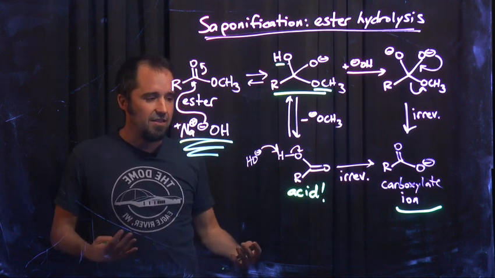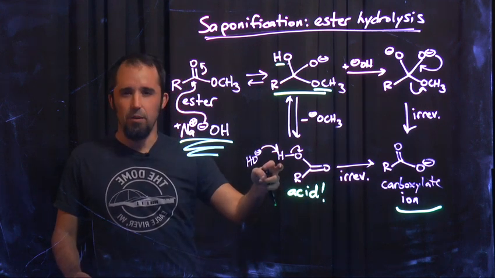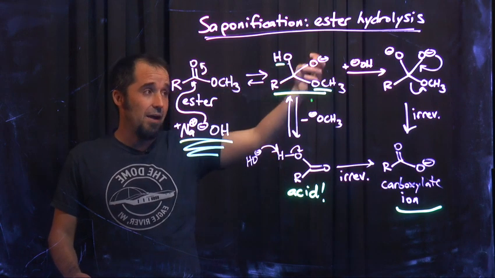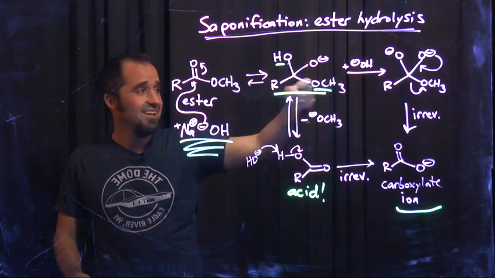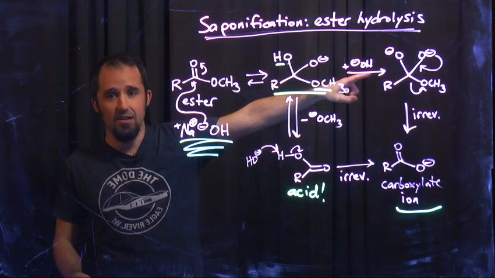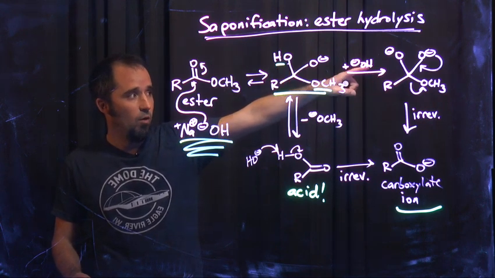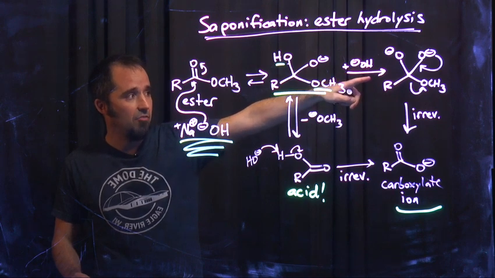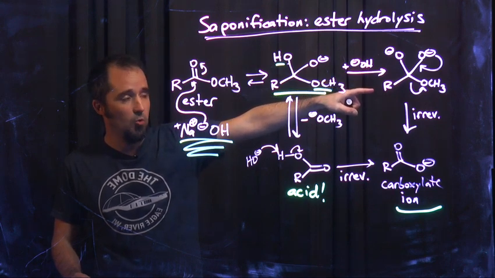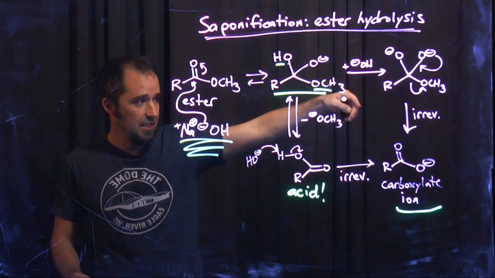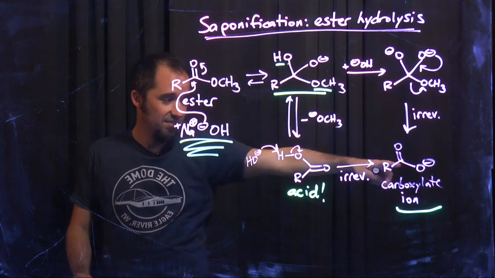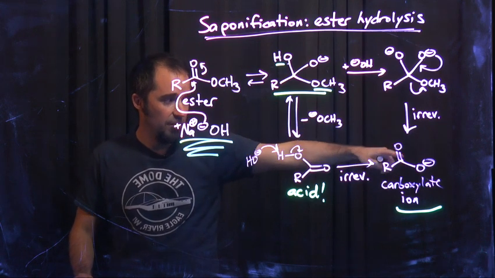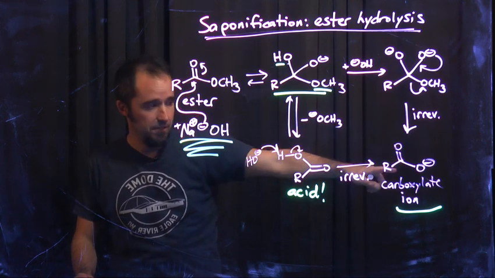If you don't like the thought of forming an acid in base, then you could imagine that another molecule of OH deprotonates this, and I get to some dianion over there. And once I'm there, now I only have the one leaving group, the OCH3, and once that leaves, again, that's a more or less irreversible reaction now because this is too electron-rich to get attacked by some nucleophile.